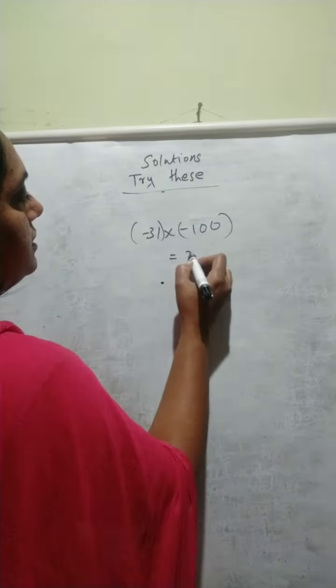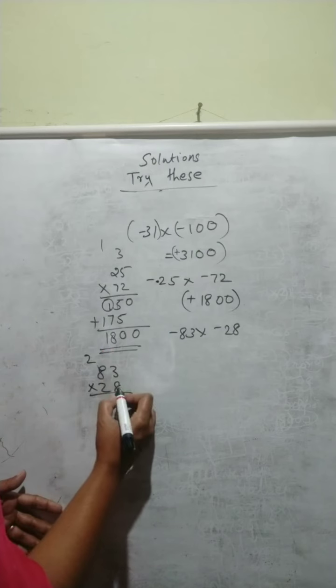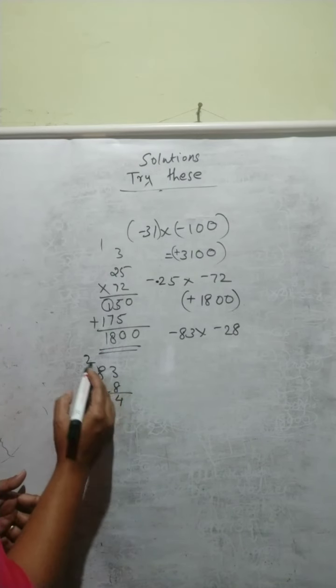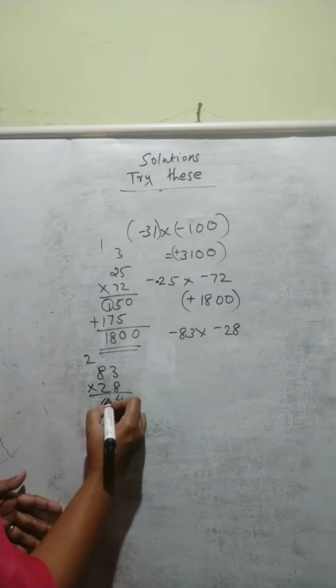So next one is negative 83 multiplied by negative 28. So we can multiply 83 by 28. 8 3s are 24, 2 will be there. 8 8s are 64 plus 2, 66. Then 2 3s are 6 itself. 8 2s are 16.